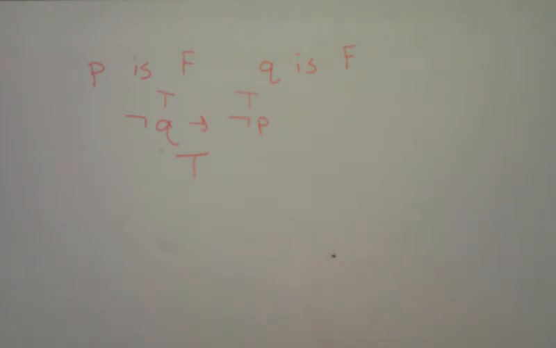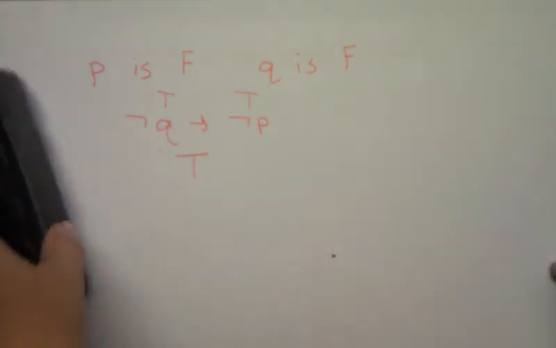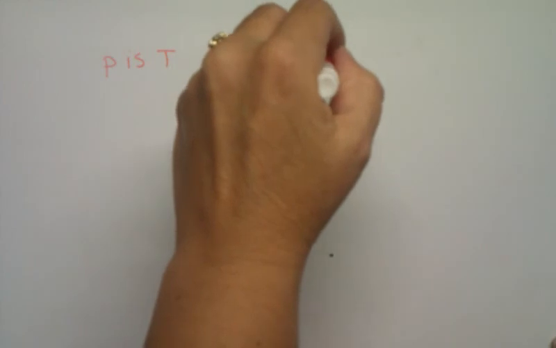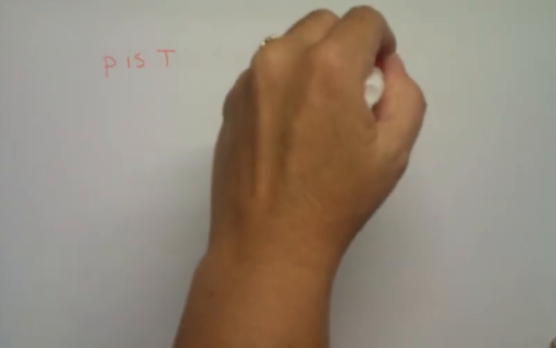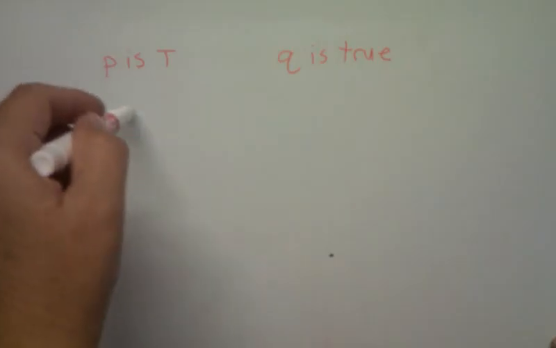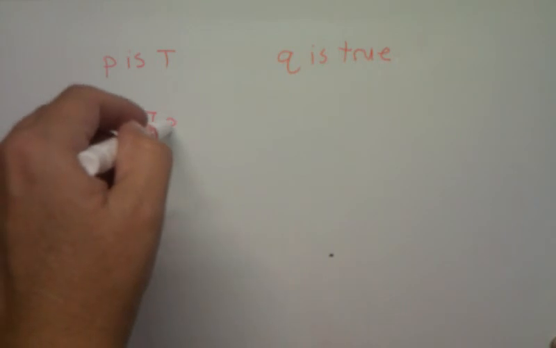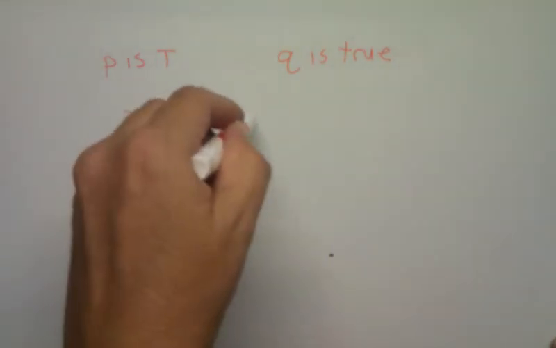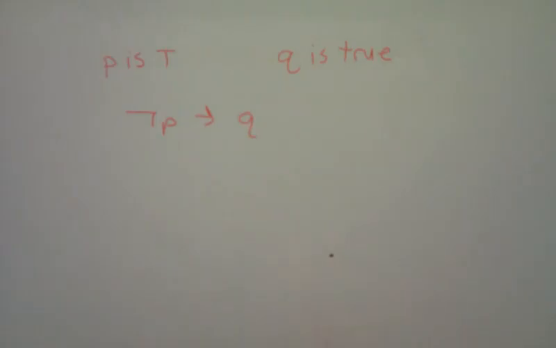Okay, let's try one more. What if I have P is true and Q is true? I want to know if not P, then Q. Is that true or false?